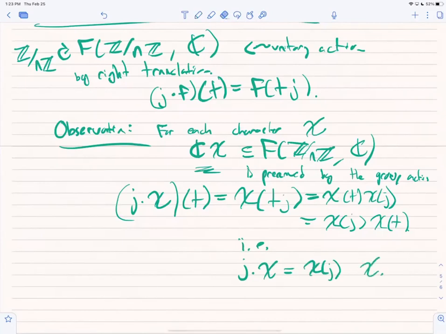Now this is a complex number, so this vector is just getting scaled by this complex number chi of J.